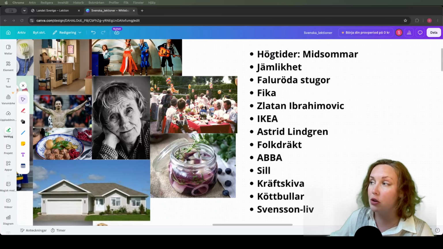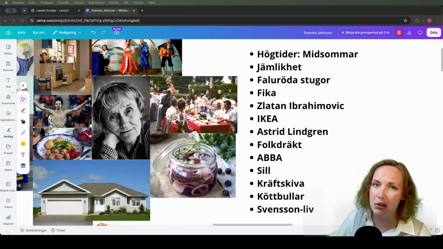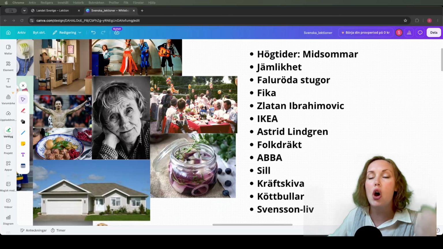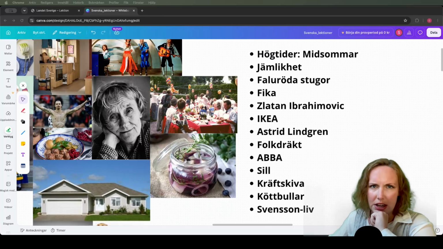And then the second word might be quite easy to guess if you've seen the horror film Midsummer. It means midsummer. Surprise. So in Swedish, högtid means holiday, not as a vacation holiday, but more as a traditional holiday that you celebrate.